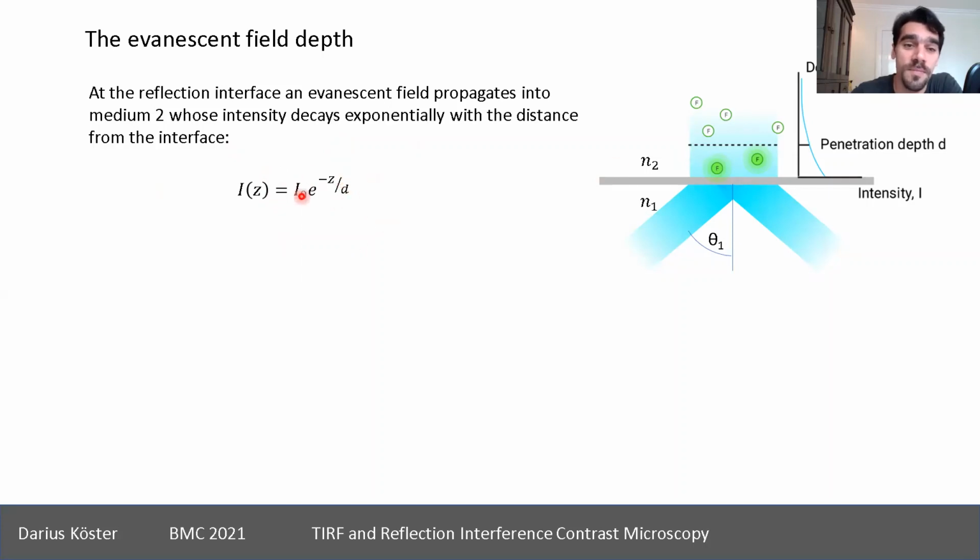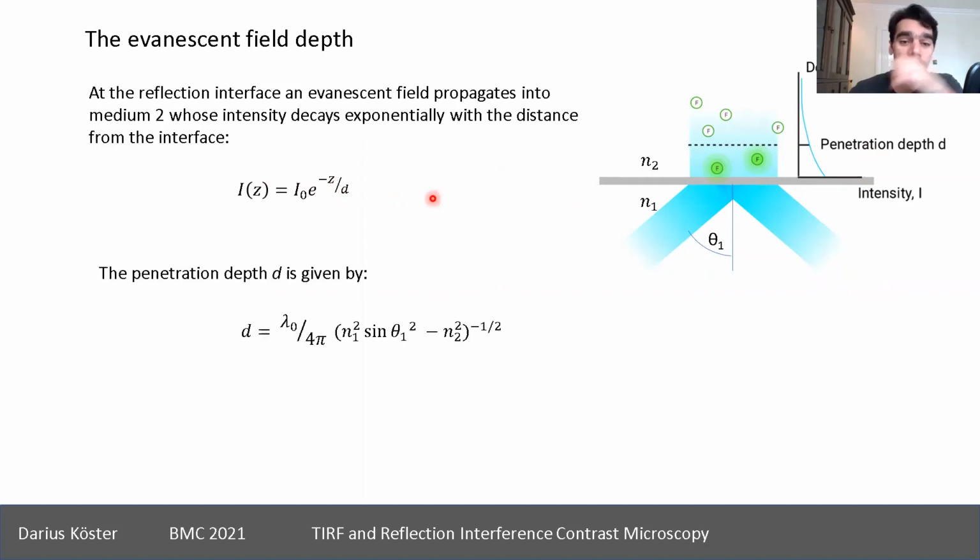It's a function of the depth, which is Z in our case here. Then you take the initial intensity at Z equals 0, so that's at the interface directly. And then we have the exponential function, which is decreasing with Z and divided by d, which is this characteristic penetration depth.